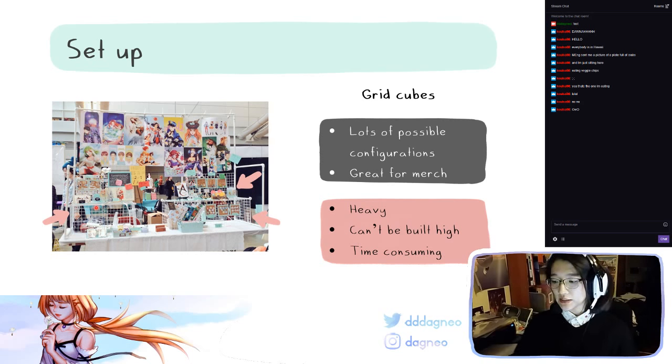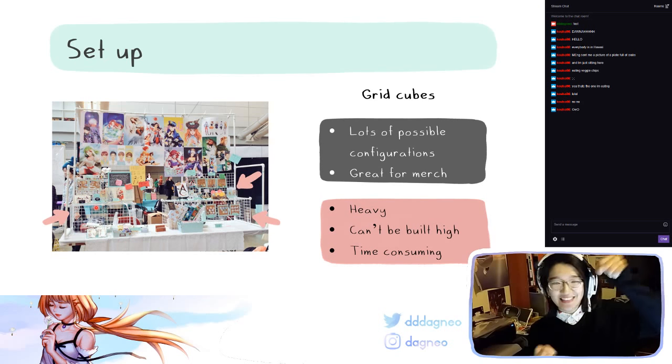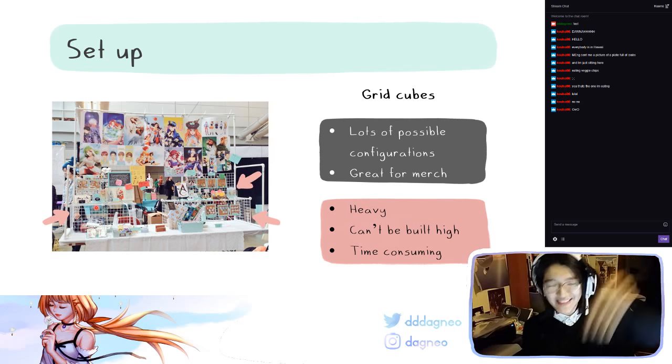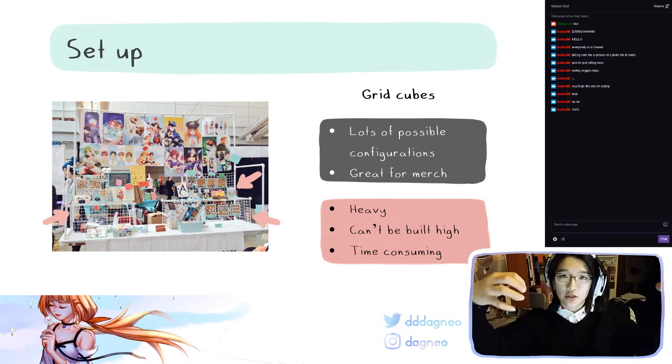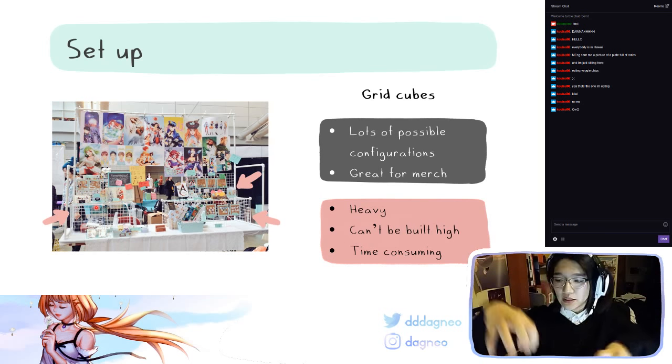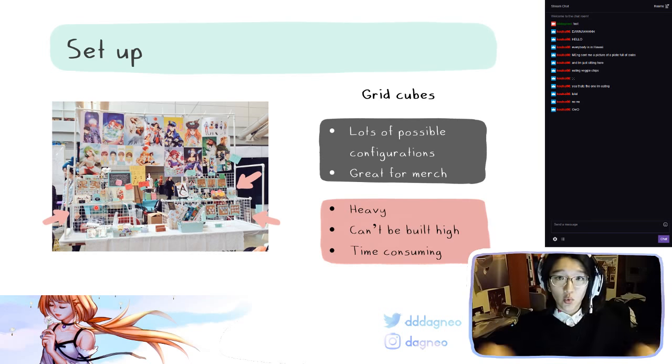Essentially these are just squares of grids. That's exactly what they are. They're just grid squares, and they have little corner connectors where you can connect different grid squares with each other to build basically any sort of structure that you can think of.